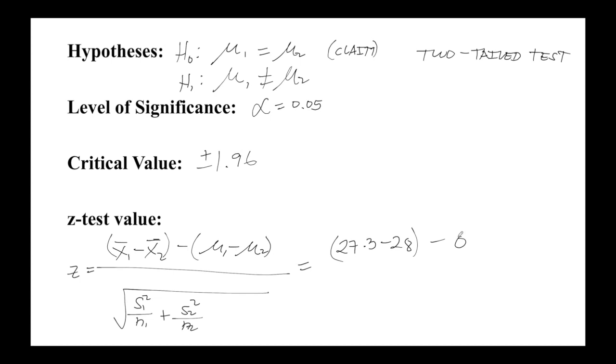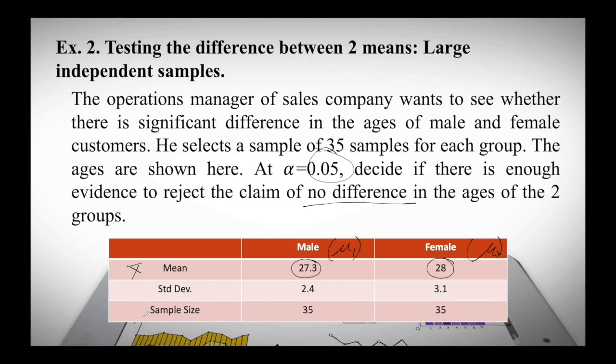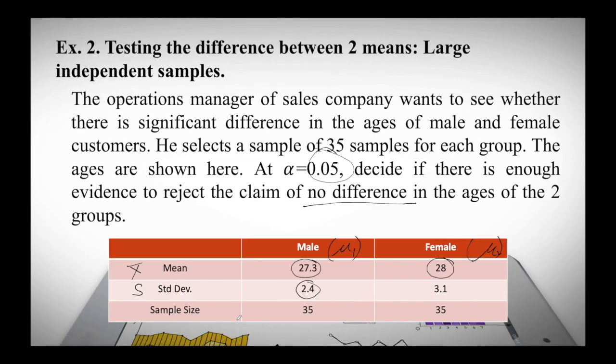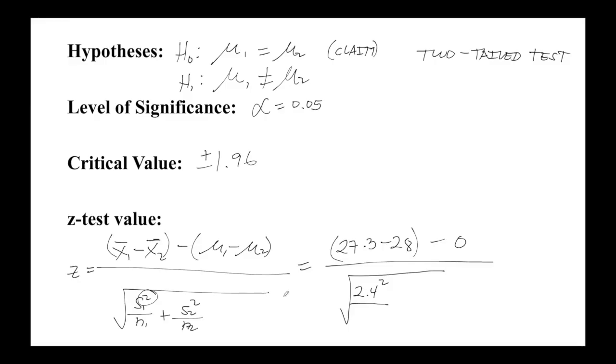Okay, malinaw po. So, next, let's have the fraction bar. So, over S sub 1. What will be the value of our S sub 1? We have here standard deviation 2.4. So, let's have here 2.4. And we have a square on the formula, so we need to square this over n sub 1, our first data set, n, which is 35.